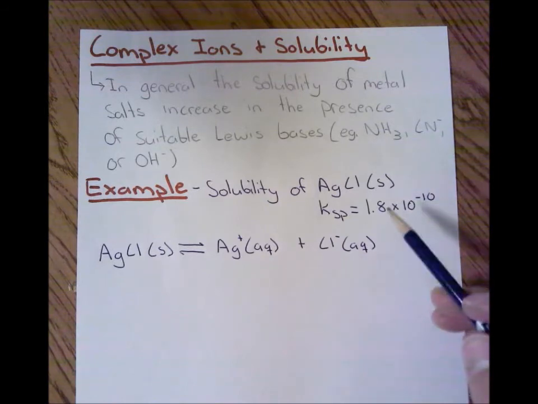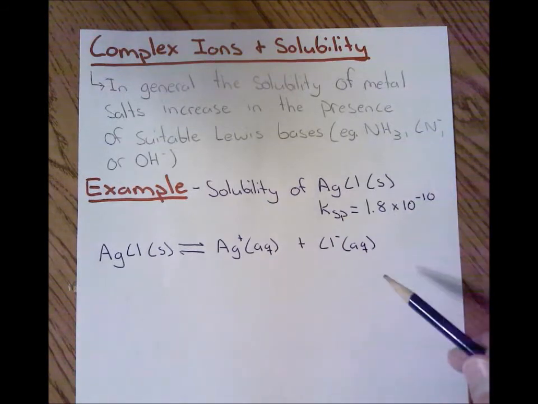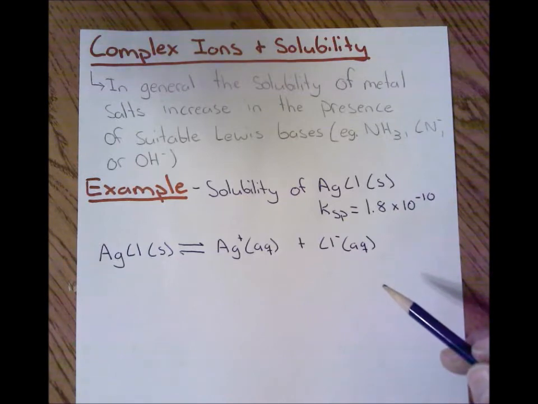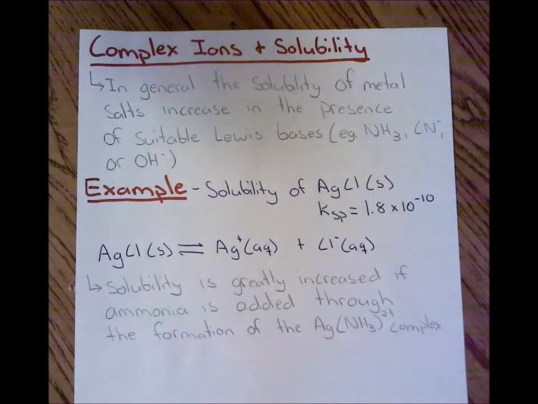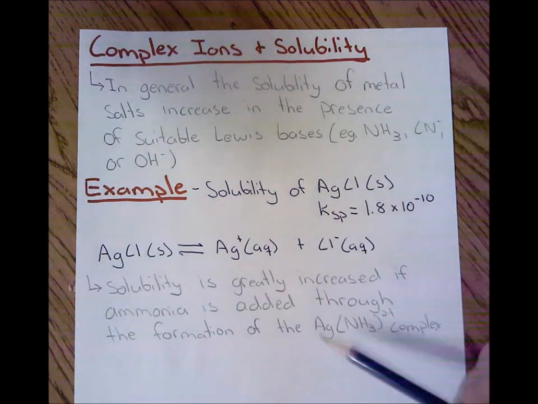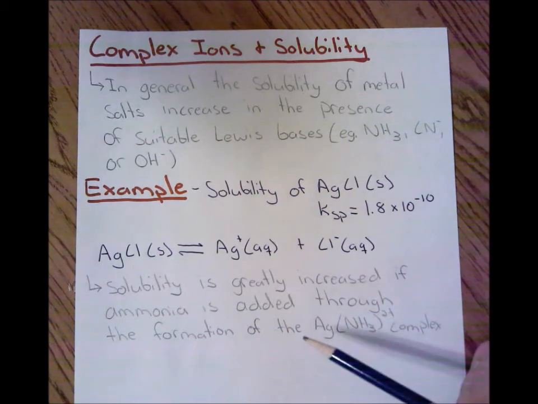And this has to result from the formation of the silver ammonia 2+ metal complex. So if we add ammonia by somehow incorporating this silver ammonia complex, remember the metal complex, we can get the solubility of silver chloride to greatly increase.